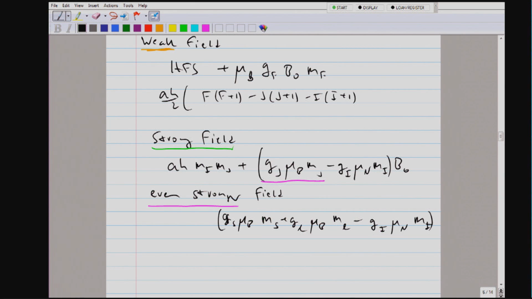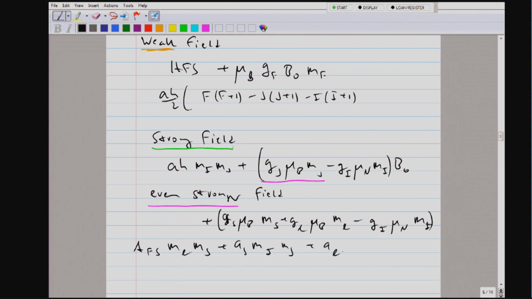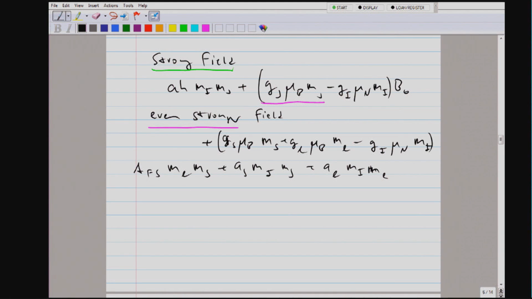And now, in addition, we are treating in perturbation theory some fine structure coupling, but the quantum numbers are already distributed, Ml, Ms. There is a coupling between Mi, Ms and a coupling between Mi and Ml. So these are the limiting cases.